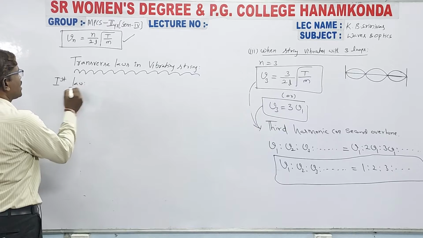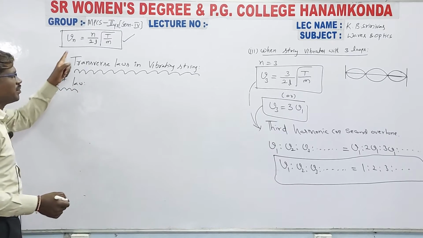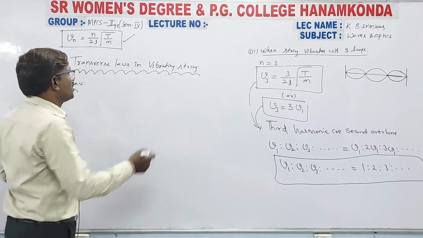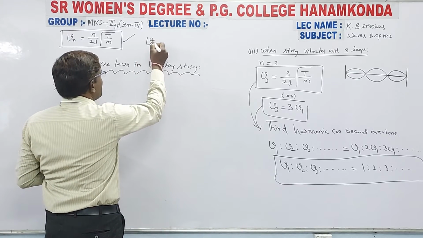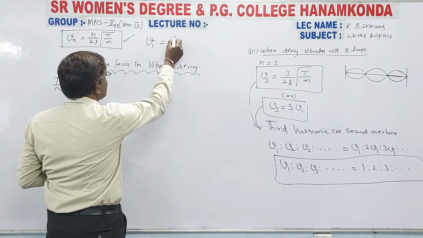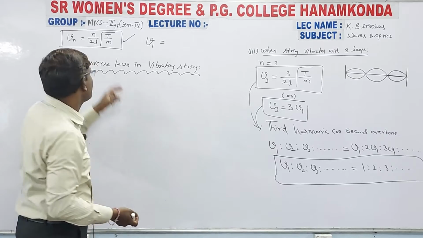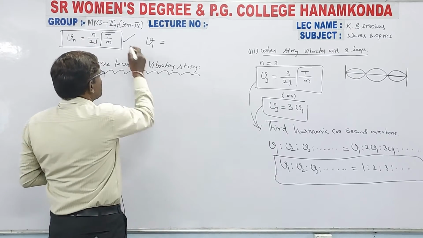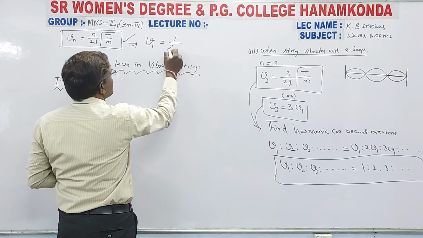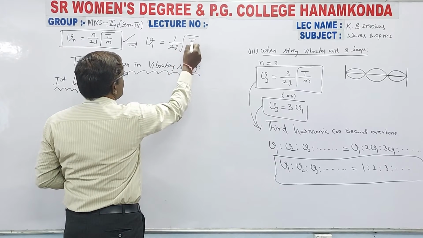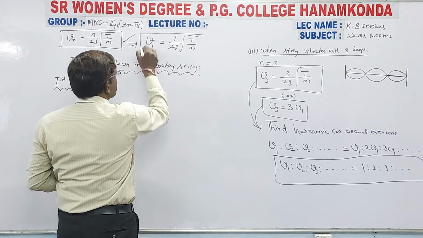All the 3 laws can be explained with the help of the expression for fundamental frequency. What is the expression for fundamental frequency? Just now only I have written. When n is equal to 1, this expression becomes 1 by 2L under root of T by small m.